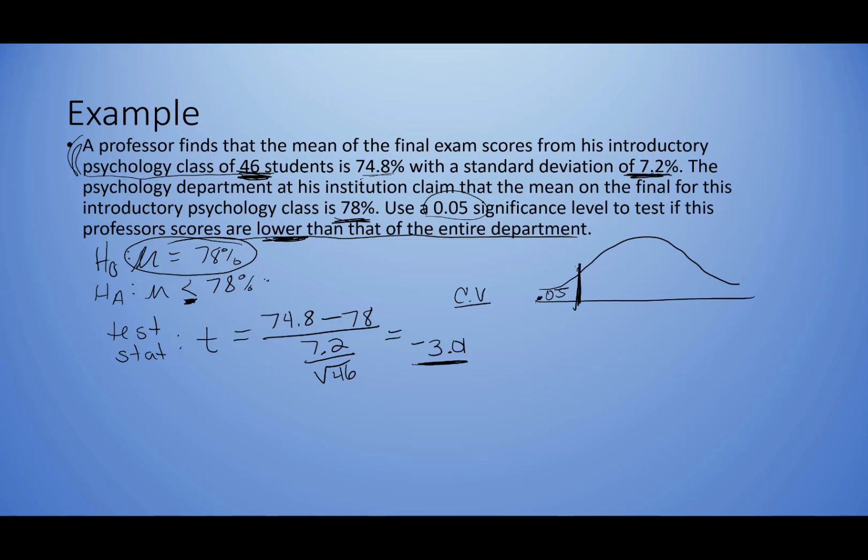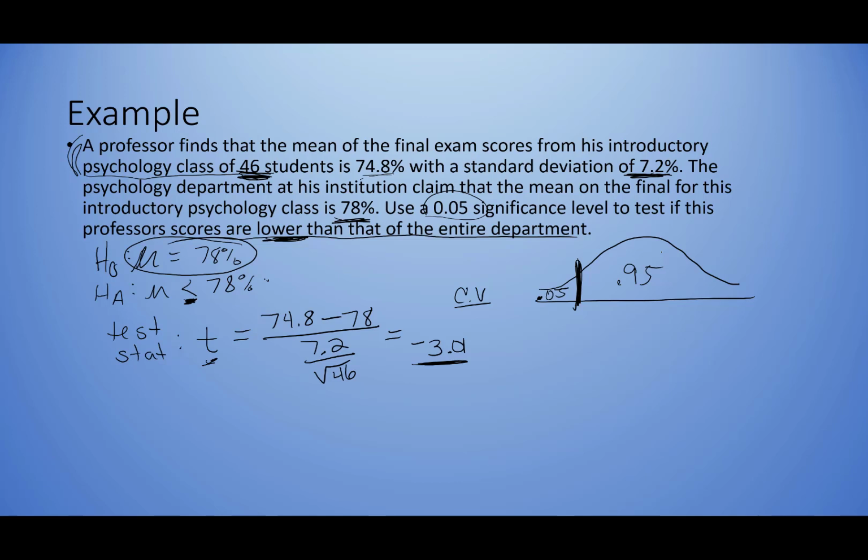So if I do the critical value method first, what I would do is I would go to my t distribution, because remember I'm using a t-score here, and I would find the value that's associated with this particular setup. Now, depending on the table that you're using to look up your t distribution, you might get a slightly different value than what we come up with, because some tables have a lot more information in them than others do.